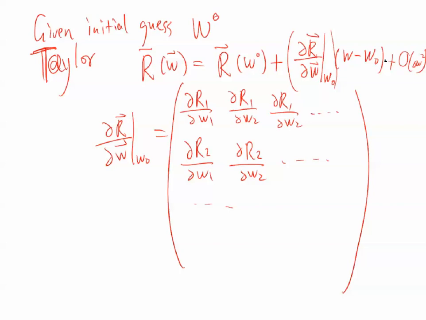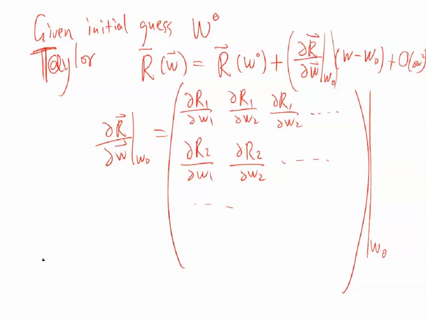Okay, so we have a Taylor series expansion. These terms may be very ugly, but the good thing is they are evaluated at W0, so they are not functions of W. So that helps in trying to find the zero of this Taylor series expansion.